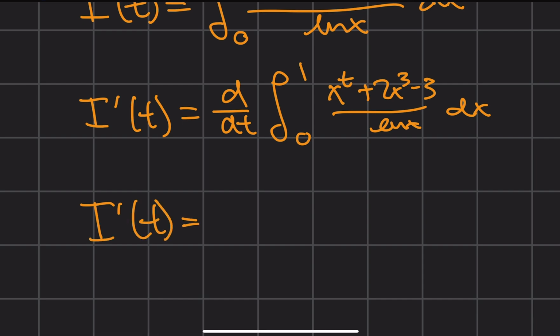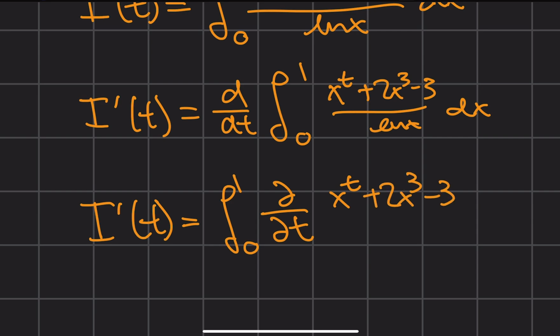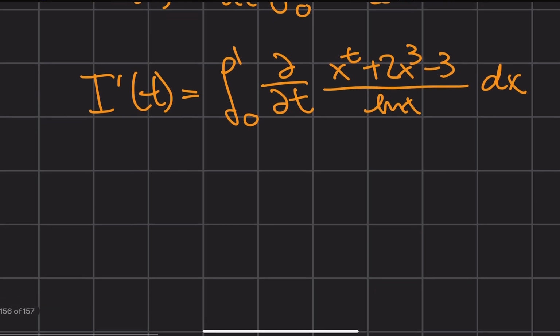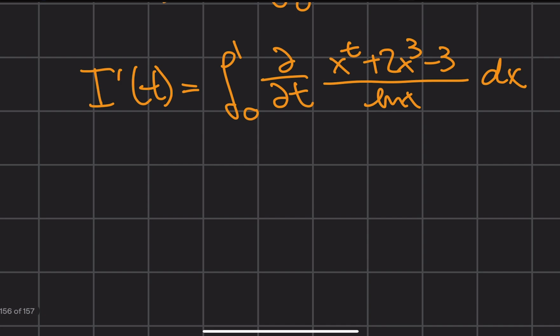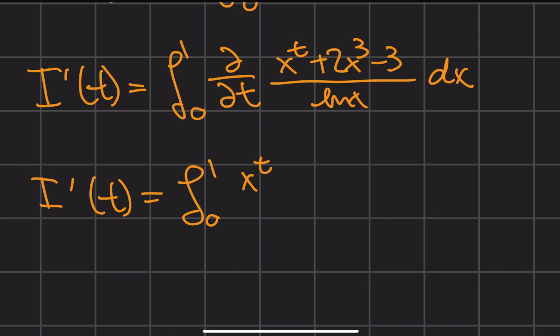But more importantly, upon flipping, this derivative becomes partial, and that's the key for this change in parameters technique: differentiating the integral becomes partial under the integral, which is very important. So now we have I prime of t equals the integral from 0 to 1 of x to the t.